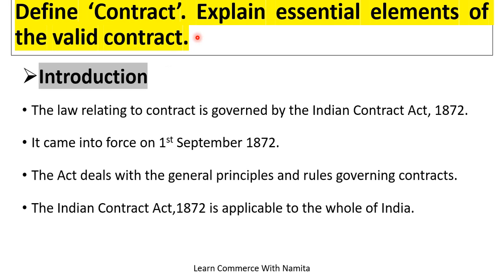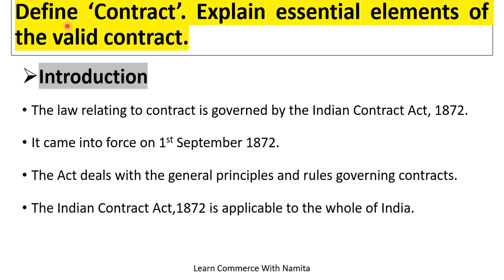Now students, how to attempt the 15 marks question of the university? Remember 4 important things: start your answer with introduction, definition, explanation, and conclude your answer with conclusion. So if you follow these 4 steps, I am sure you will score good marks.